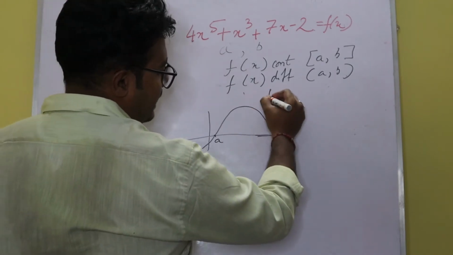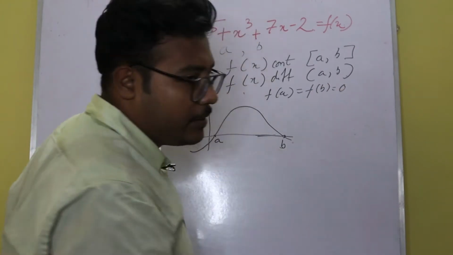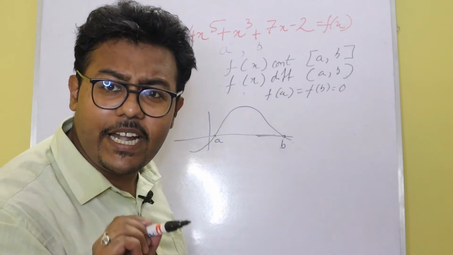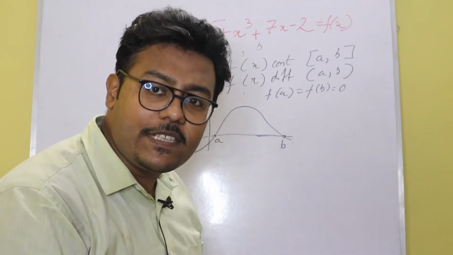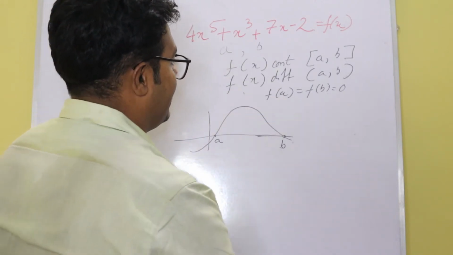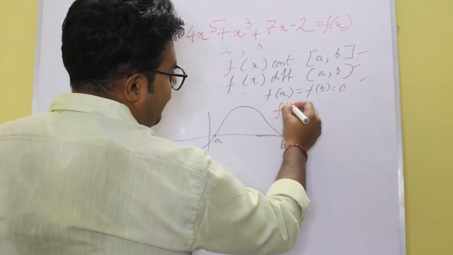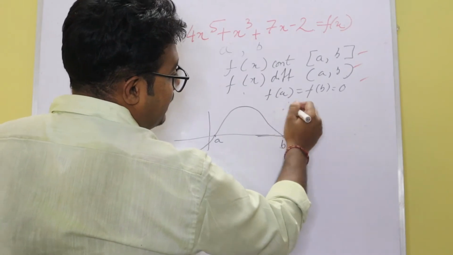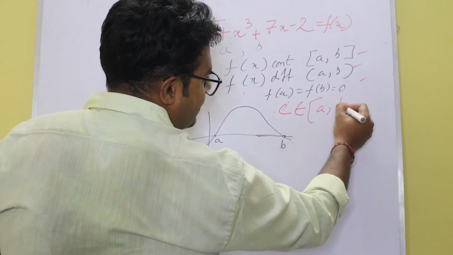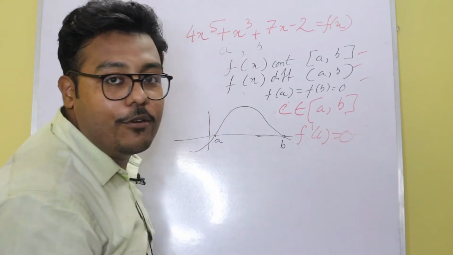Then we can say that f of a is equal to f of b is equal to 0. Now see, are you getting any kind of similarity? Are you recalling anything from the previous session? Yes, these are the 3 conditions of Rolle's theorem. If these 3 conditions are satisfied, then there will be a point c between a and b such that f dash of c is equal to 0.